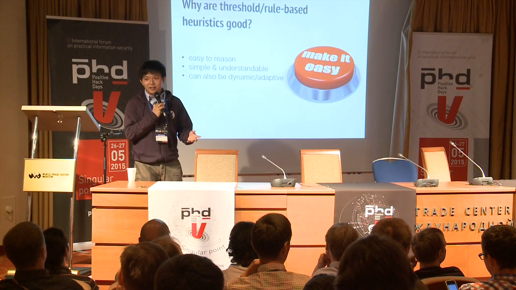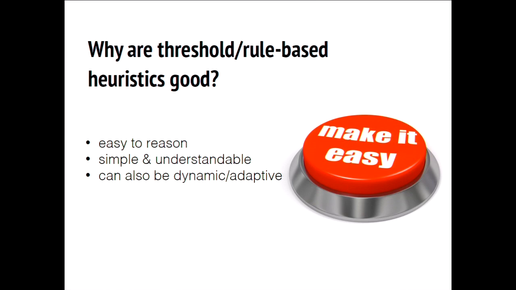They're simple and easy to understand, and that's a big plus because for any part of the system you want to keep it as simple as possible and reduce complexity. They can also be dynamic and adaptive, depending on how you design the system to be adaptive and dynamic.